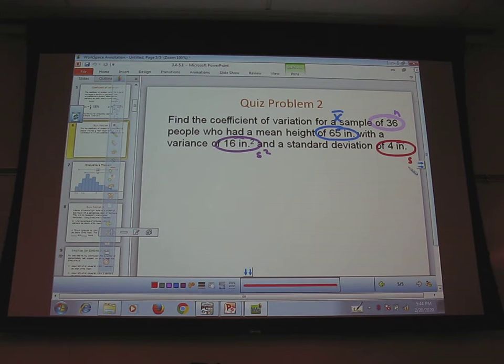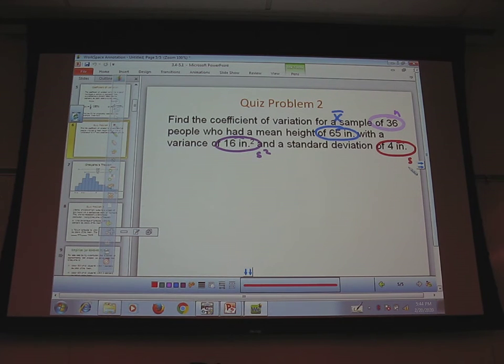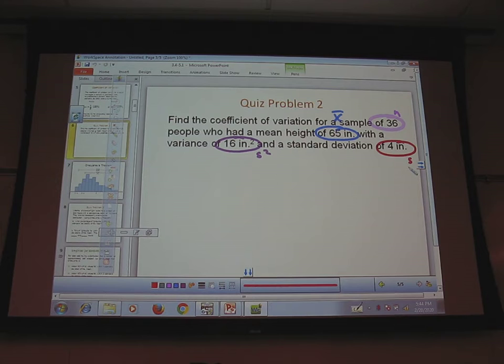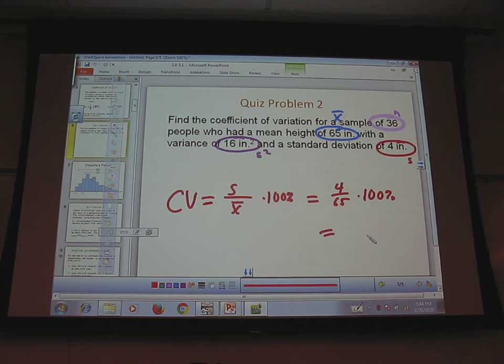The one we generally use is standard deviation, which has the same units, our S. So which one do I need for this one? Yep, S. So it's going to be S over X bar times 100%. So it's going to be 4 over 65 times 100%. What'd you get?